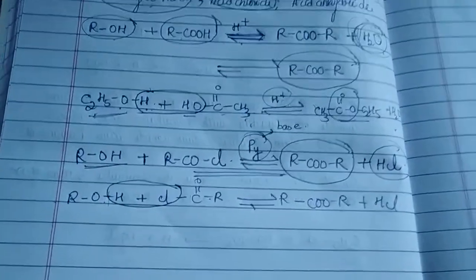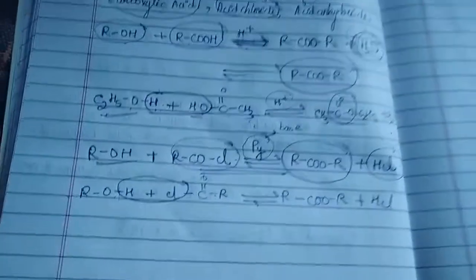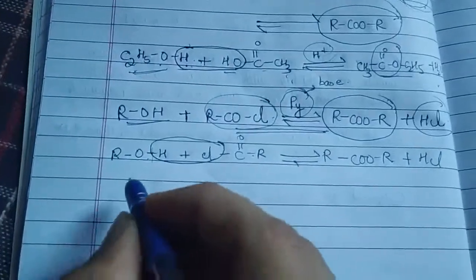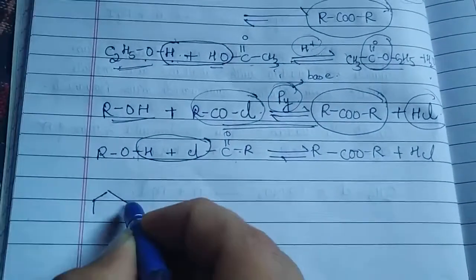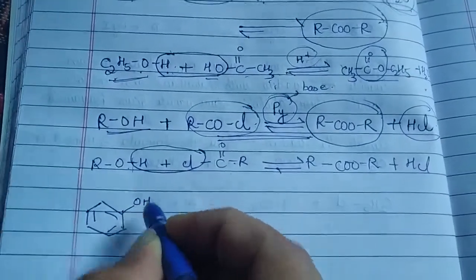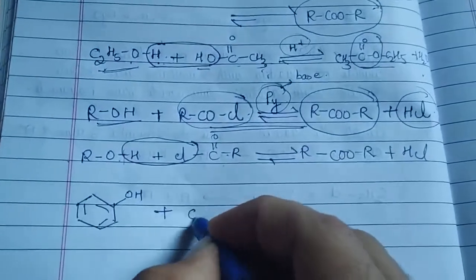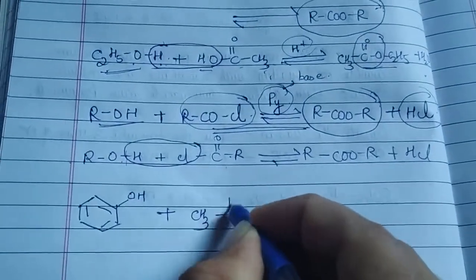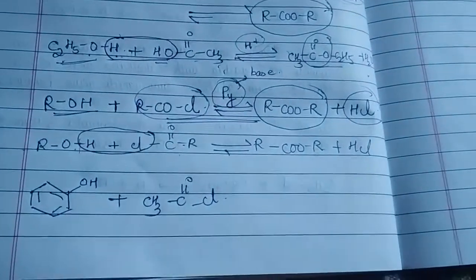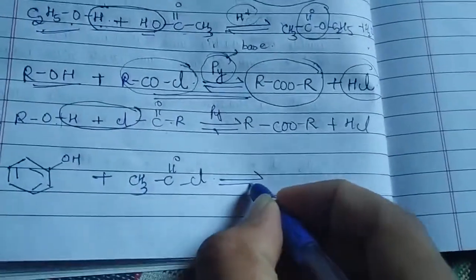Is that clear? So remember, to write acid chloride, you have to remember its formula. The general representation is RCOCl. For example, if I choose phenol, with OH, and I treat my phenol with CH3COCl, this I have to use in the presence of pyridine.